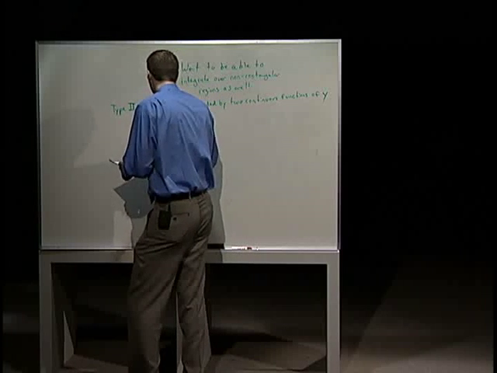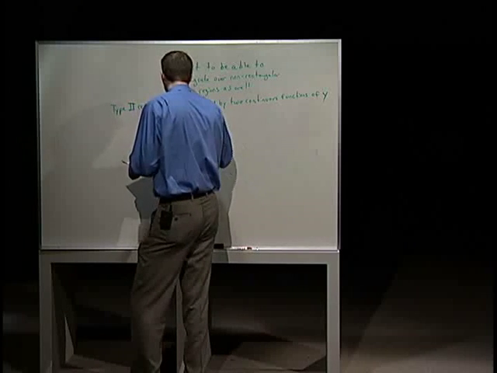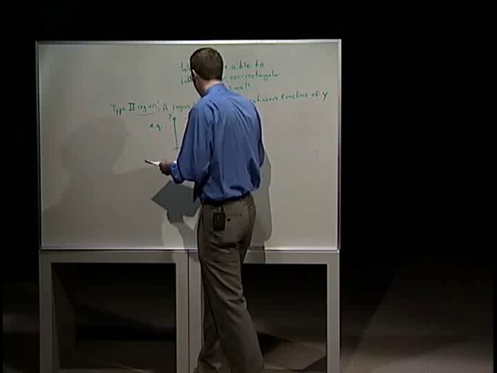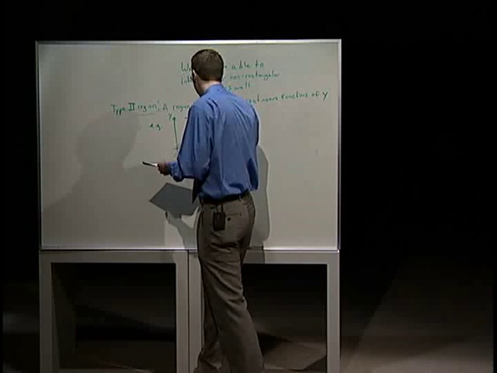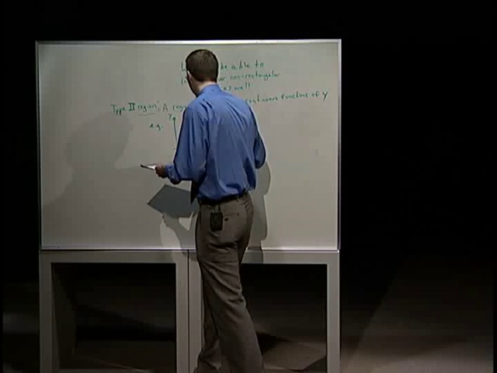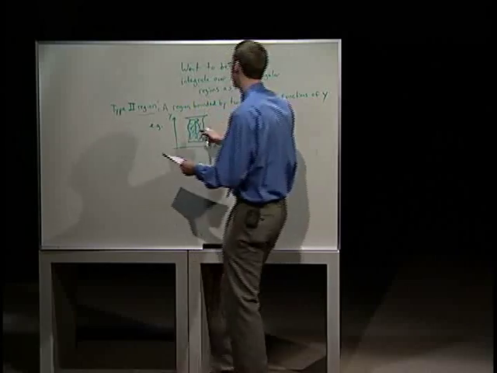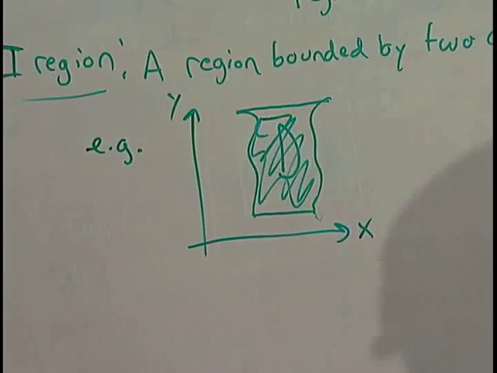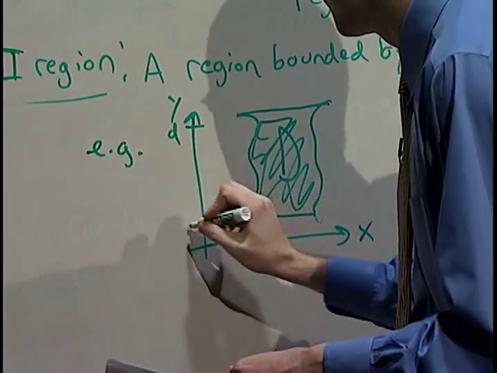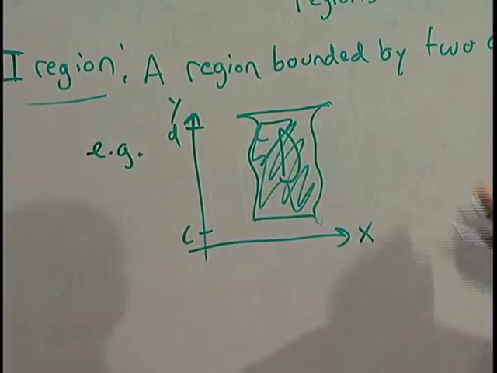So, for example, there's the xy plane. Now maybe your region looks like that. So there's your region D in there, right, between those two curves. And so now it's your y values that are fixed constants, c and d, right?